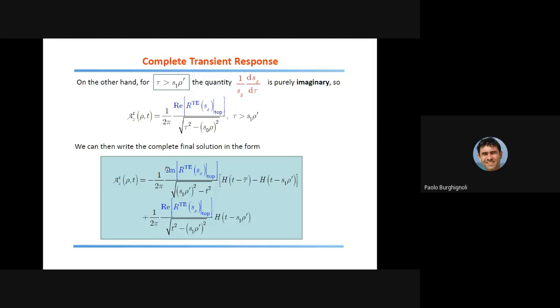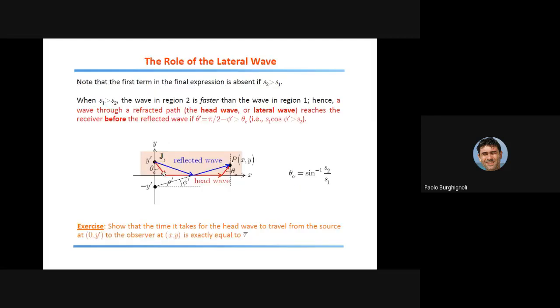So the situation is more complex, and the complexity comes from this additional term here that would not be present if we were in the previous situation, that is, if the source were in the less dense medium. This additional term is related to the head wave, and that's easy to see, because now the wave in region 2 at the bottom is faster than the wave in region 1.